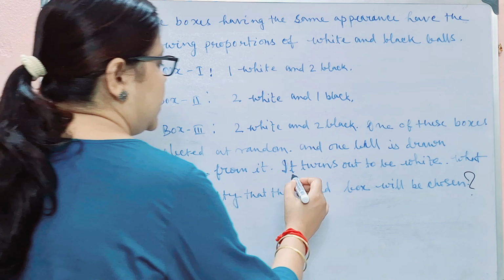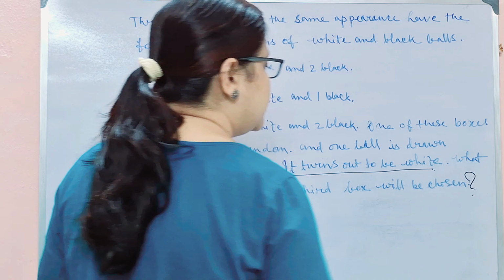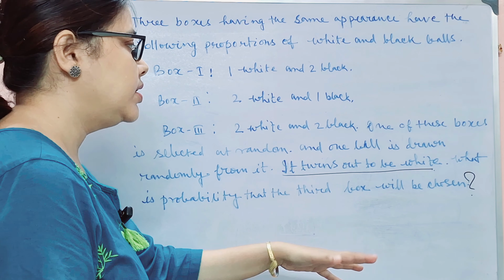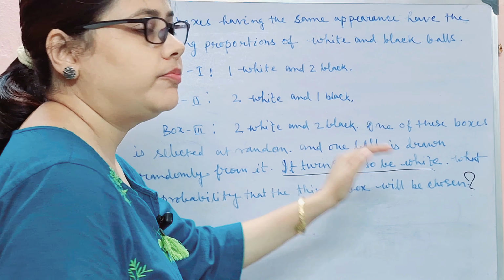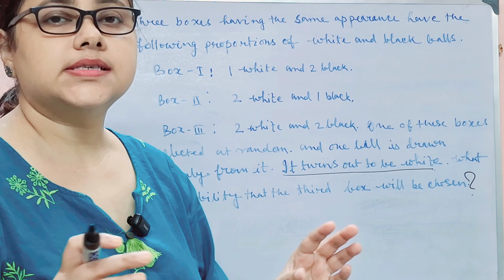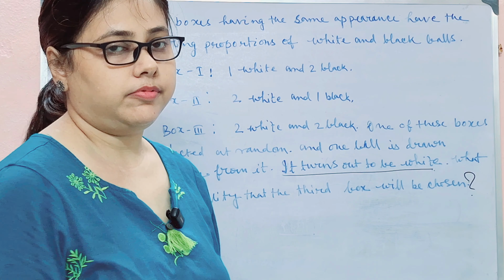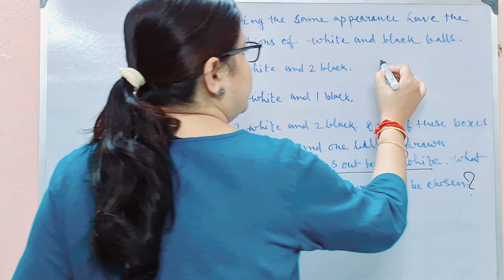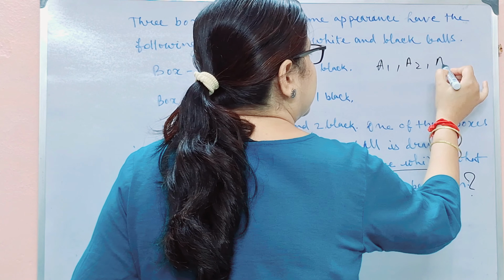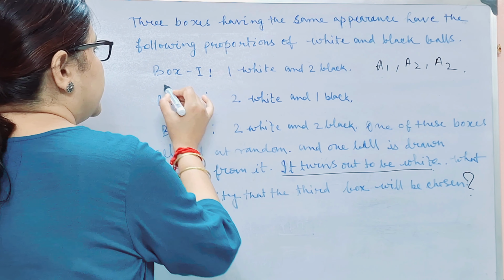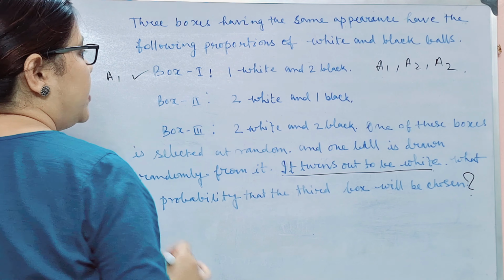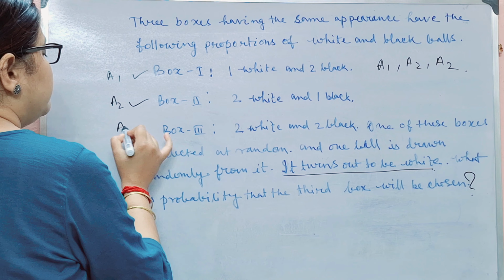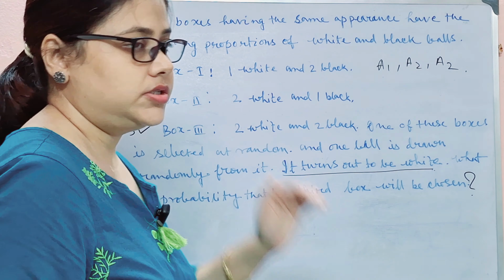Now please note that it turns out to be white, that is the conditional probability. So we will have to assume that the ball turned out to be white as the event A, because this is the conditional probability. Now let A1 be the event that box 1 is chosen, A2 the event that box 2 is chosen, and A3 the event that box 3 is chosen.